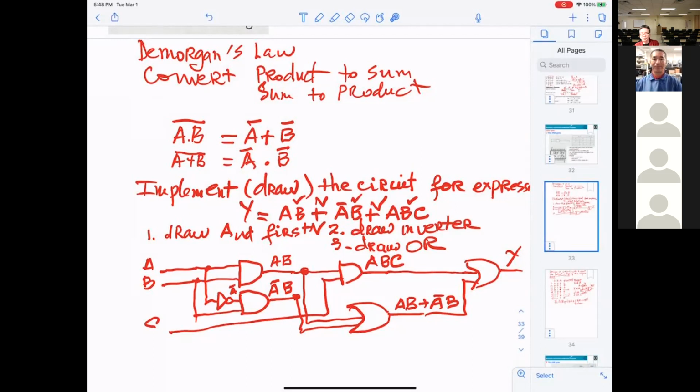And the OR gate will be the last one. And that's for any circuit that you would get. So you draw the AND gate first, the NOT gate second, the OR gate third, and then it's all subject to the individual circuit because they're different circuits.